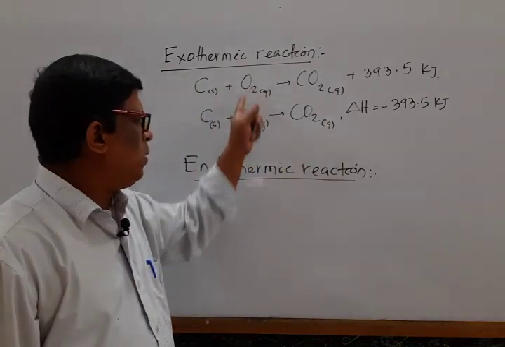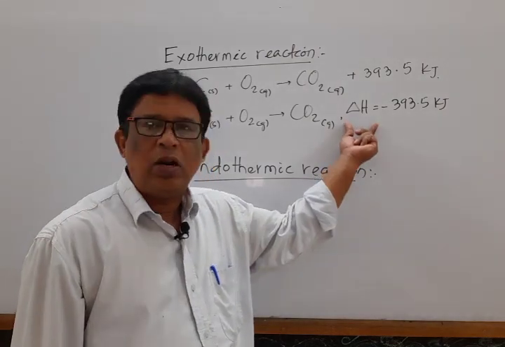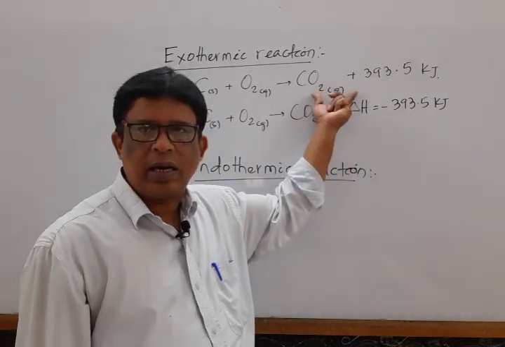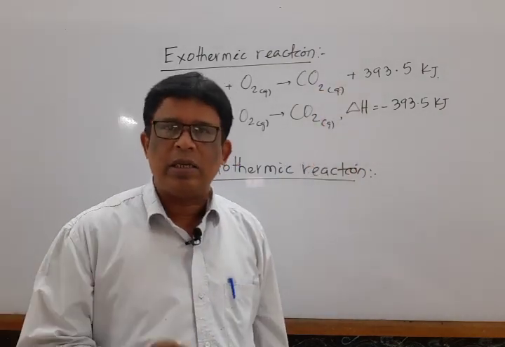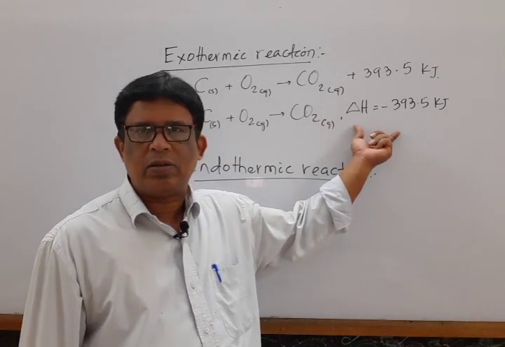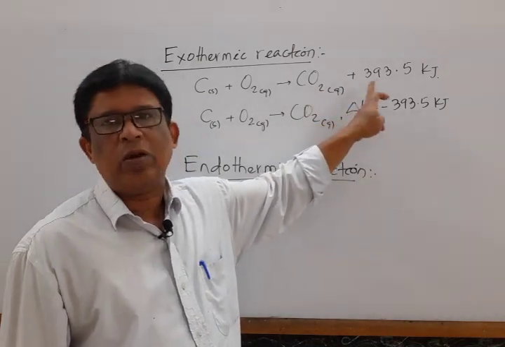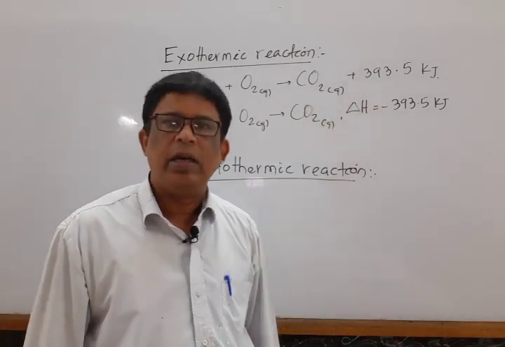So an exothermic reaction can be represented in two different ways, either in symbolic notation or simply in the chemical reaction. If the symbolic notation has a negative sign, then it is clear that it is an exothermic reaction.